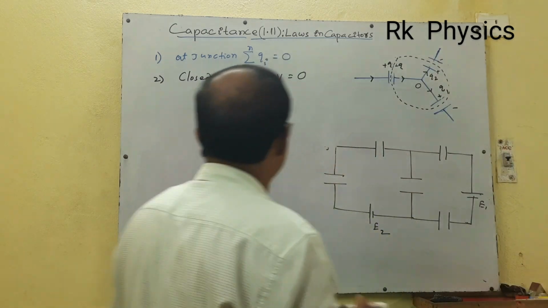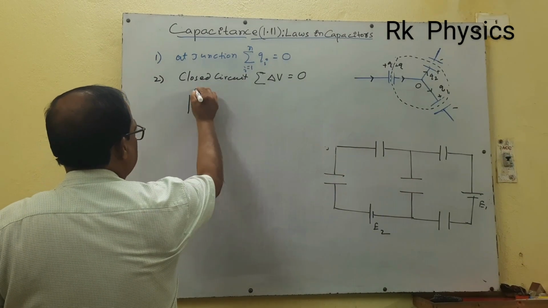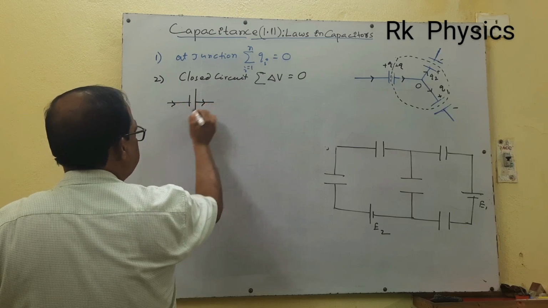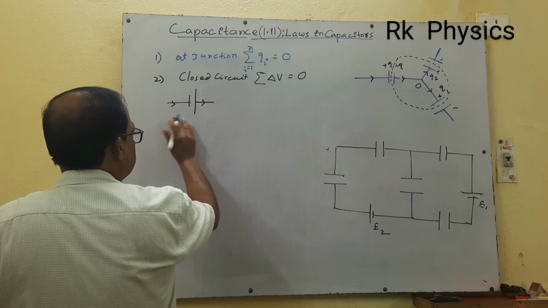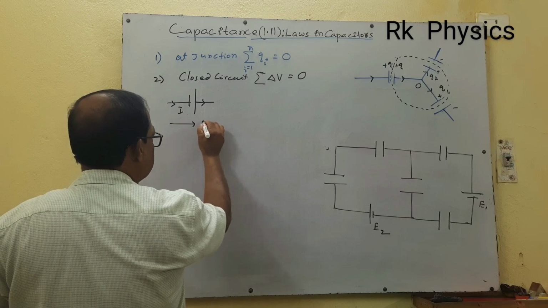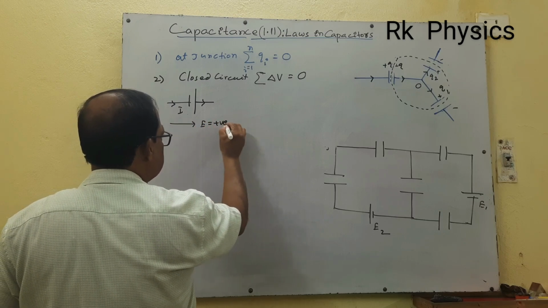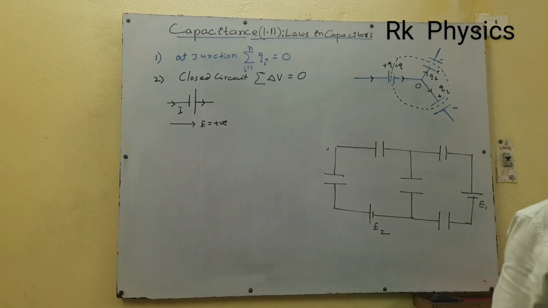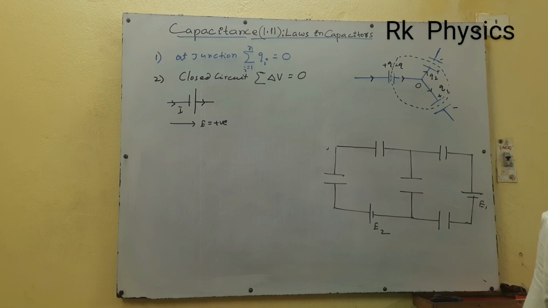The first convention is: along your direction, if current flows and you are moving along this direction, then you can take E as positive. That means EMF is taken as positive if it moves from negative terminal to positive terminal along your direction. Okay, your direction, that is important.